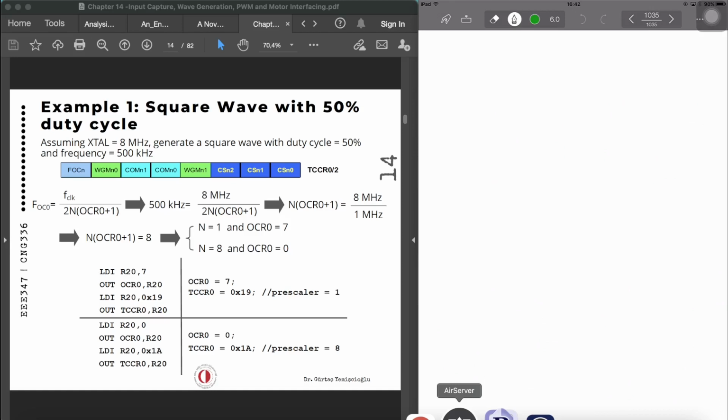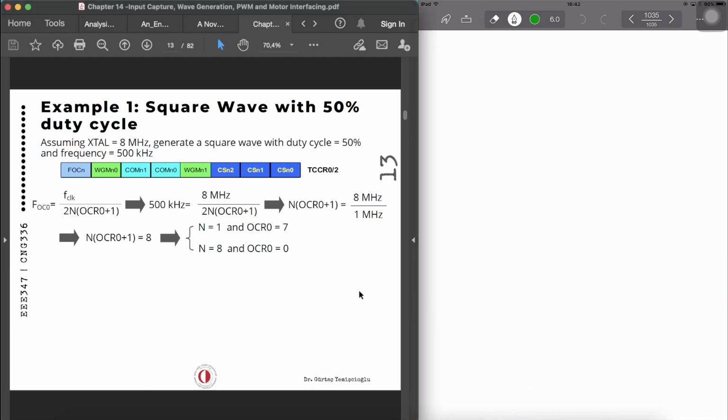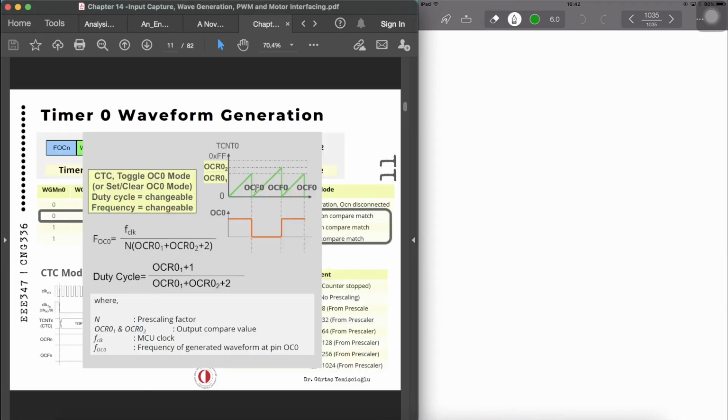So like we have set over here, you can have a different OCR value, which is going to change in the second cycle, and you can have a wider output, and you can have a different duty cycle at that point. So you can think of this as 40 to 60%. So it's going to be duty cycle 40. That's also possible.